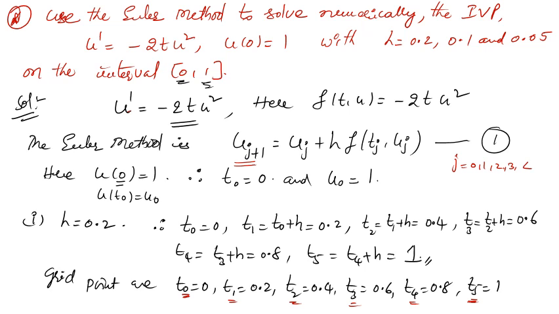Therefore this equation is valid for 0 to 4 only. u5 is the last value. At t naught the solution is u0, at t1 it is u1, similarly at t5 it is u5. We get u5 when I put j equal to 4. So Euler's formula is valid with h equal to 0.2 for j equal to 0 to 4 only, right?